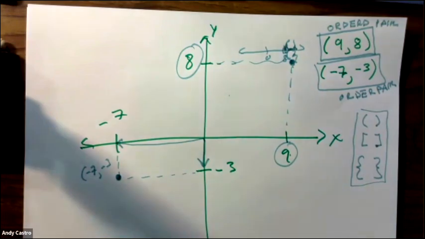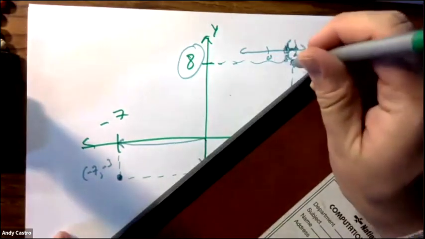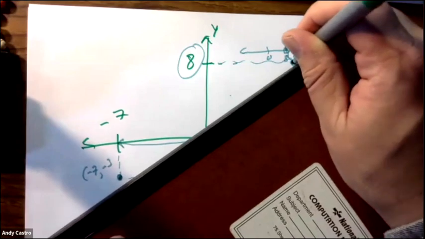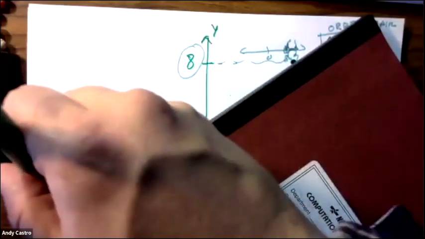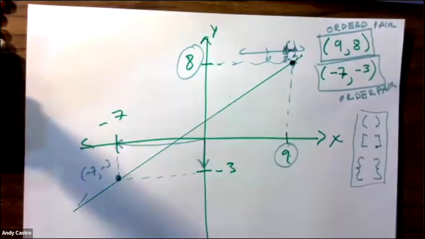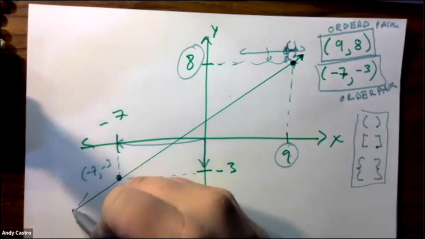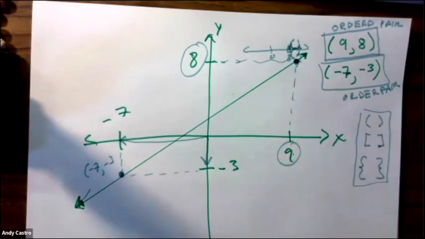Now what I'm going to do is take a straight edge, which I don't have my ruler here, but I do have my lab notebook, so we can use that. And we're going to draw a line between these 2 points. All right. So there's my line, the line between those 2 points.